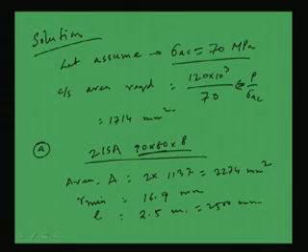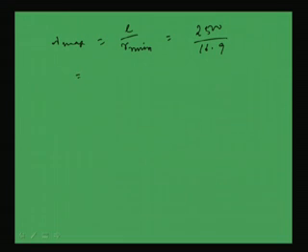So, lambda max will become L by r minimum, that is 2500 by 16.9, which is coming 148, and this is less than 350. So, from the slenderness point of view it is okay.